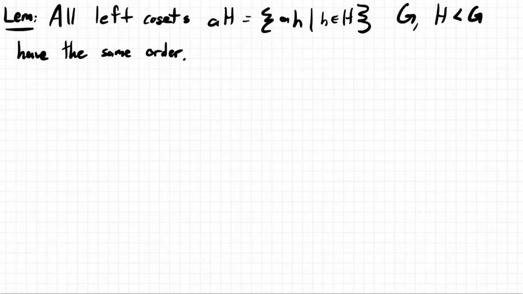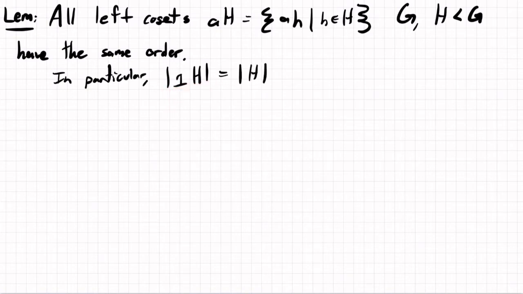In particular, the size of the set 1H, the number of elements in the set 1 times H, is of course just the subgroup H. So we know what that same order is.